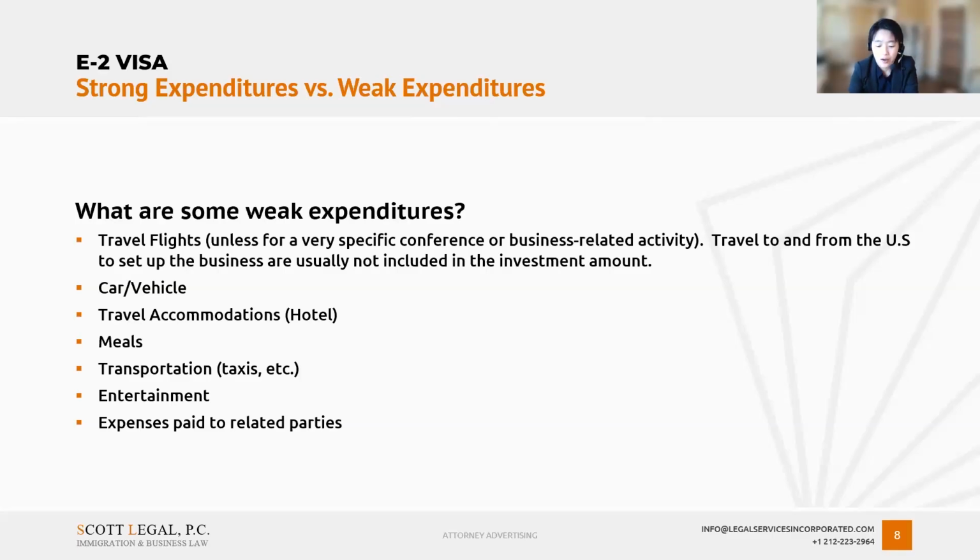That kind of related party transaction raises the risk to the consular officer reviewing your case that this was not a bona fide business transaction, not a legitimate expense. So expenses paid to related parties are definitely something we want to be careful about when building the investment schedule and the investment amount.